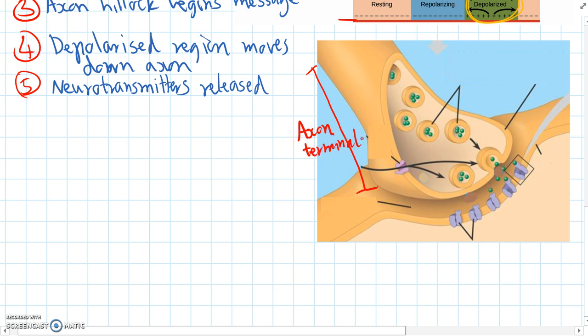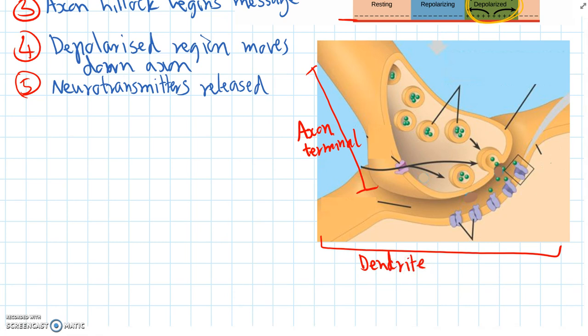So the message has come down the axon terminal, and this part at the bottom is the dendrite of the next neuron along in the chain. We can see there are vesicles here, and these store the neurotransmitter chemicals. Vesicles store the neurotransmitters, so they're waiting ready to go.